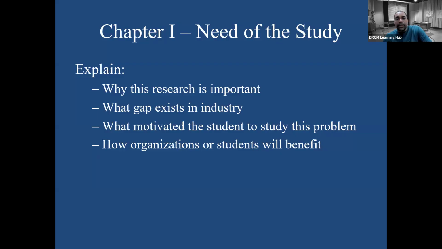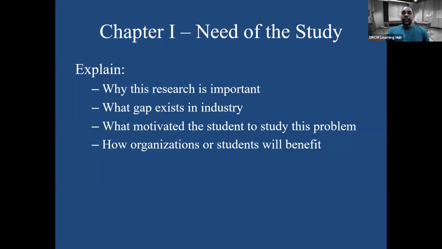Second, what gap exists in the industry? The gap is this: when you are studying, as we already said, you type 20 research papers, then what others have not studied and what you are going to study is called the gap. If some person X has already studied the same title and same objective, why are you studying again?